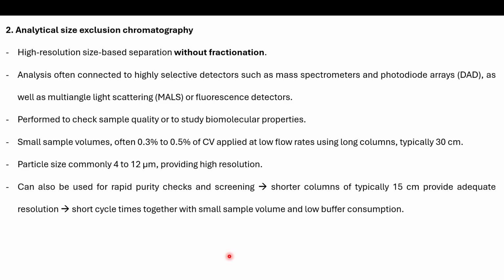And for properly purifying your sample of interest or protein of interest, you use the preparative SEC, where you have to collect the sample that is coming out of the resin and use it for further downstream experimental assays or for storage.